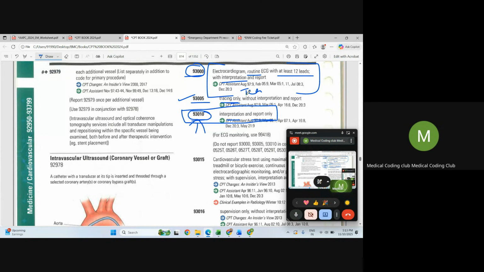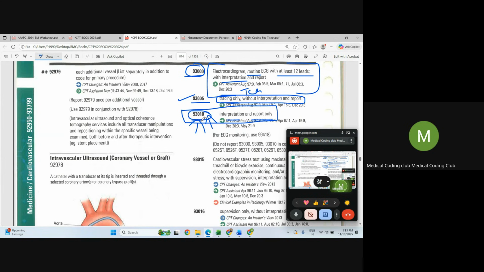You can't report the TC modifier with 93005 because the CPT code description already tells you it is all about the technical component. Same way with 93010, you can't bill the 26 modifier because the CPT description tells you this is for professional interpretation and report only. So you should not use any TC or 26 modifier for these CPT codes.